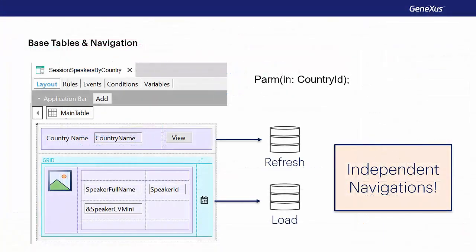If we summarize what we saw in the demo, the fixed part and the grid each have their own base table, and the navigations of each are determined independently from one another.